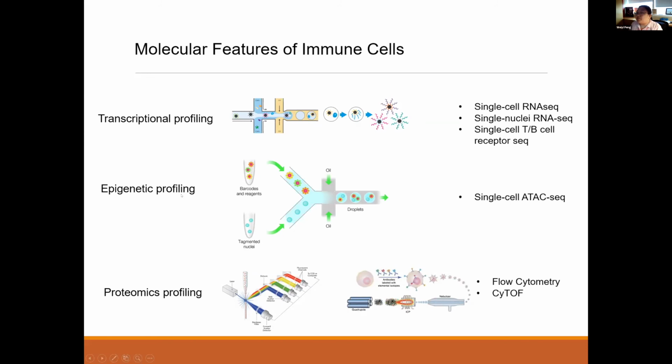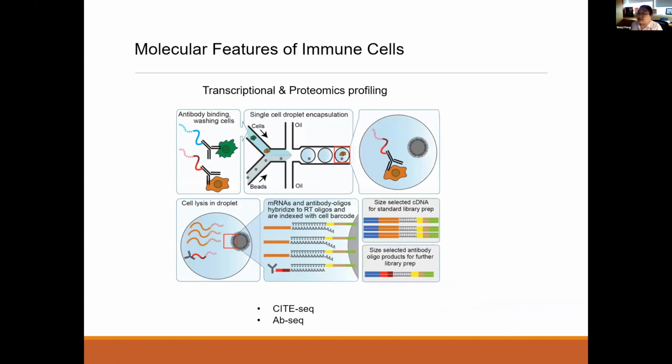For epigenetic profiling, we now have single cell ATAC-seq. For proteomic profiling, we have CyTOF and flow cytometry to determine protein expression levels on the surface or inside the cells.